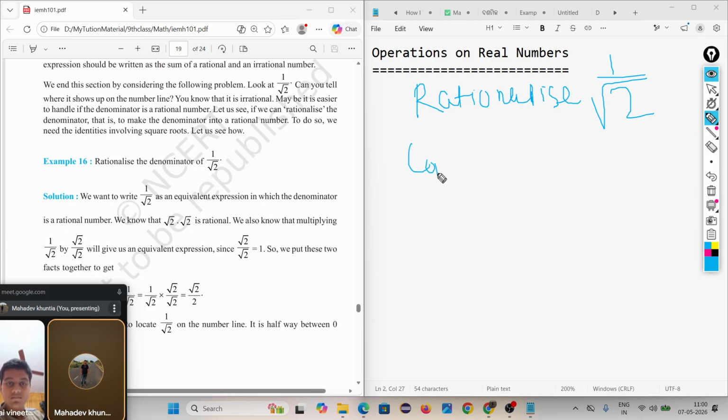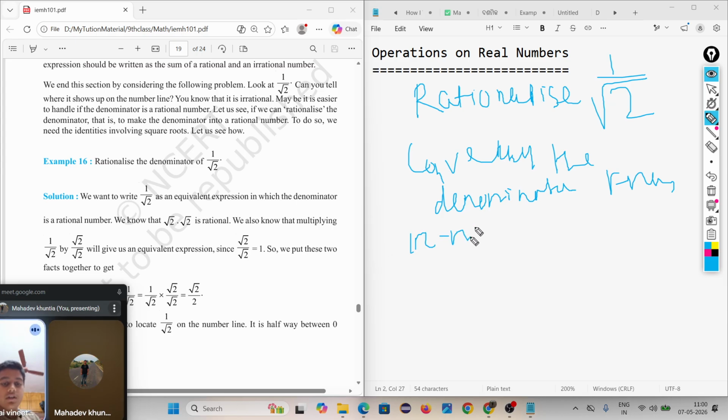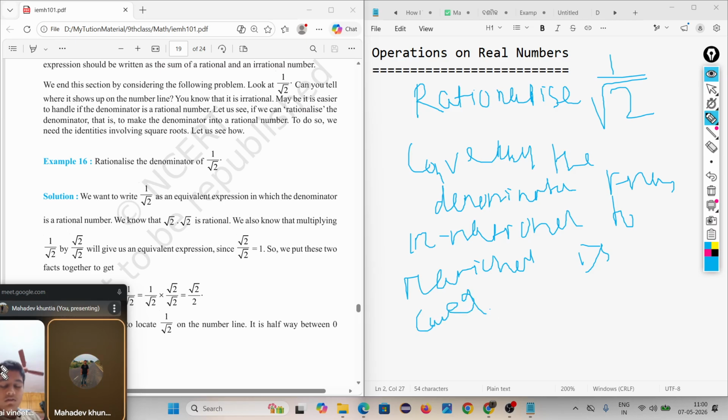It means converting the denominator from irrational to rational. This is called rationalization.